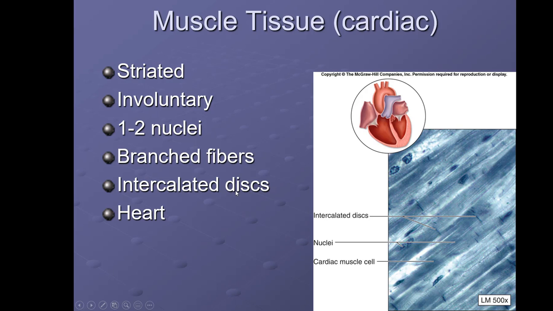The main one is gap junctions. You remember gap junctions, and also desmosomes. The gap junctions of the intercalated disc basically allow the cardiac muscle cells to rapidly communicate with each other. So you get the heart contracting as a unit as opposed to each cell contracting on its own.